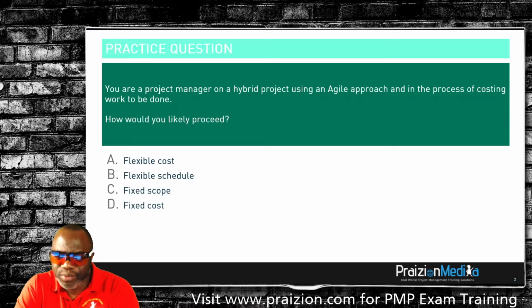Using an Agile approach. 3, 2, 1. If you're using an Agile approach, you know that you do not fix scope, for sure, right? You know that you use a flexible arrangement when it comes to scope. However, you use fixed schedule and cost, a fixed time box. So the best answer to this is D, fixed cost.